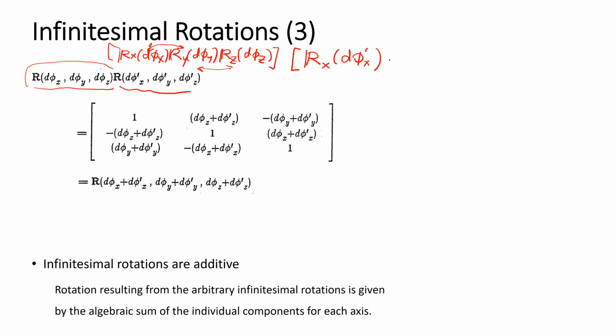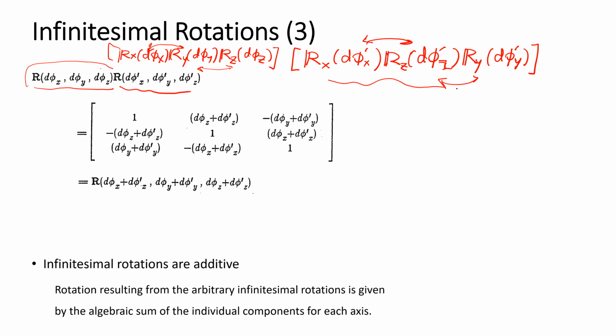Maybe for this, you may rotate about the z-axis first with this different angle, and then you rotate about y-axis with one different angle. We can switch the order. It doesn't change the product of these three matrices.